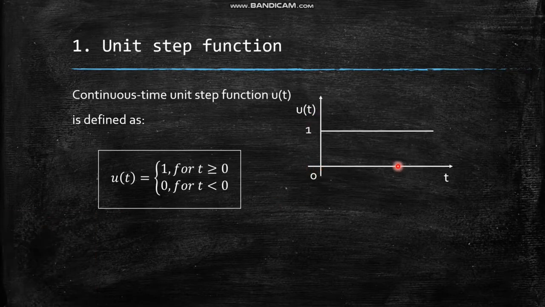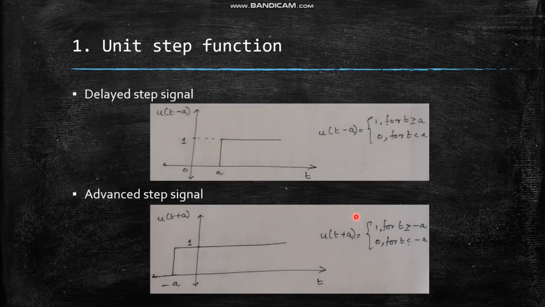This is a graphical representation of a unit step function. As we can see here, it has an amplitude of 1, and it remains 1 for all values greater than 0 and 0 for t less than 0.